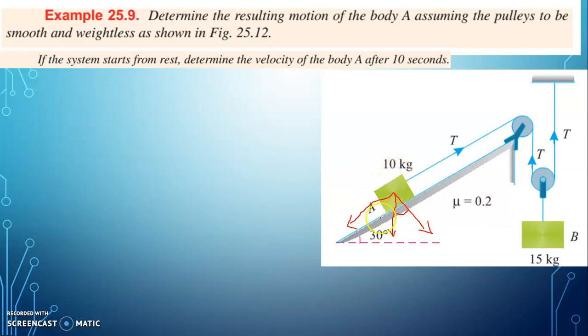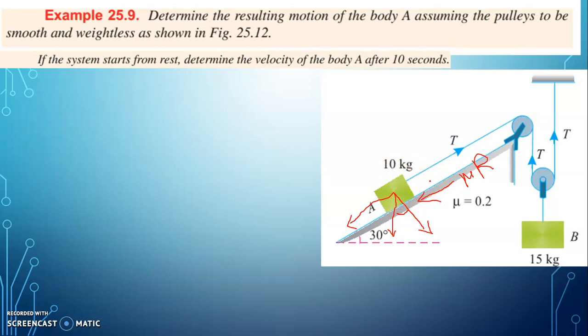For analyzing the forces in the body, we will be considering tension of the body, the force in the horizontal direction, and the friction which is opposing the motion, which is given by mu into reaction of the surface. Okay, the reaction can be obtained by the force acted by the body on the surface, which is 10 into 9.8 cos theta.